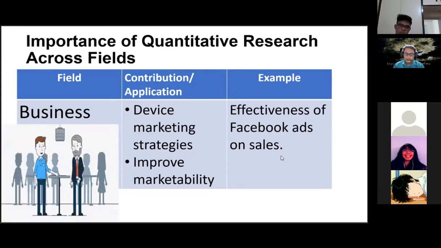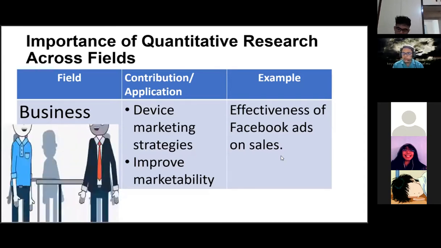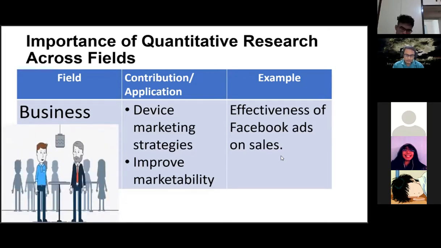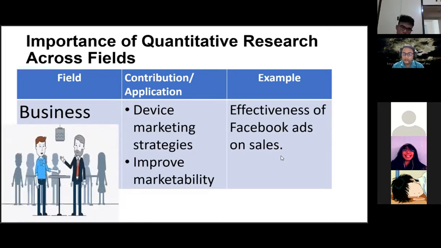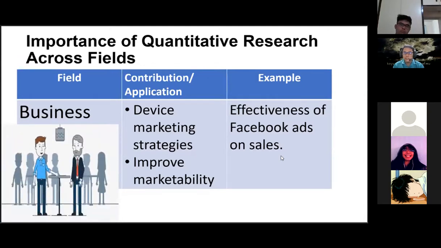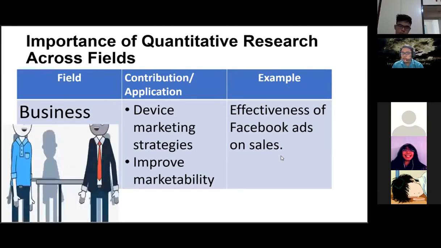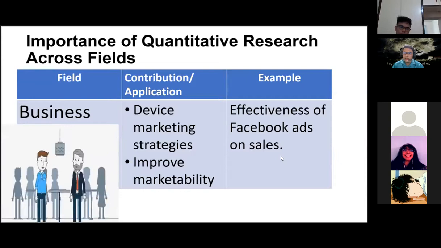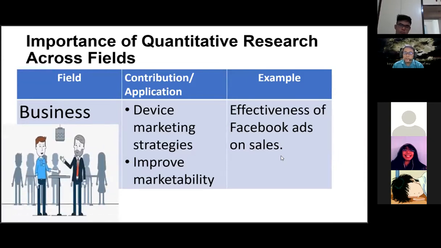Most of the people are trying to purchase such product which is quality on a cheaper price. So pwede sila makaisip ng mga ganong klase ng produkto by means of having a research in terms of effectiveness. Effectiveness of the marketing strategy or the quality of the product.